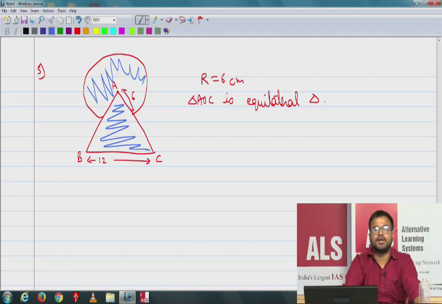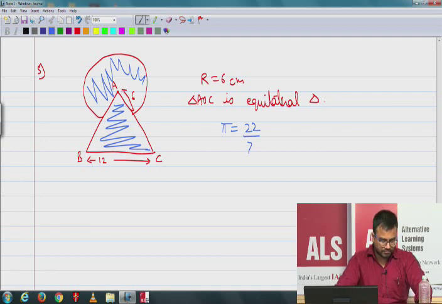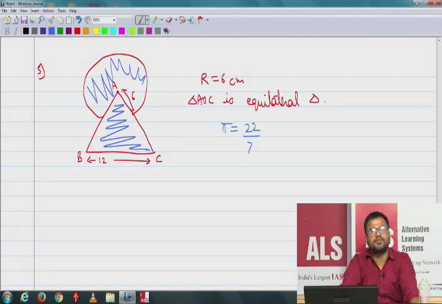Triangle ABC is equilateral and the circle is having a radius of 6. Use pi as 22/7. And give your answer in terms of fraction or root itself.